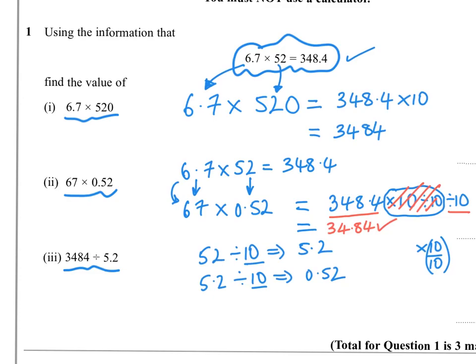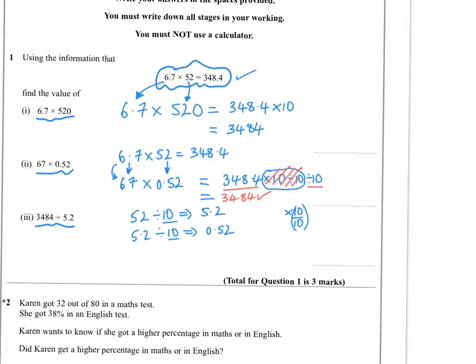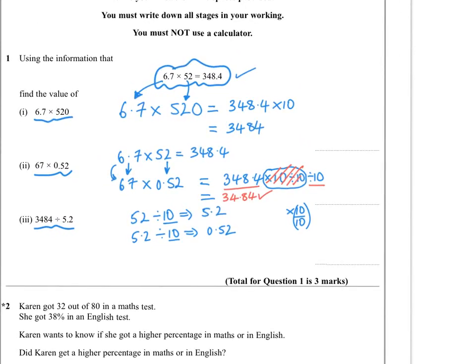Right, let's have a look at the last one. I'll put this over here. So with the last one we have 3,484 divided by 5.2. So let's give ourselves a little bit more room.